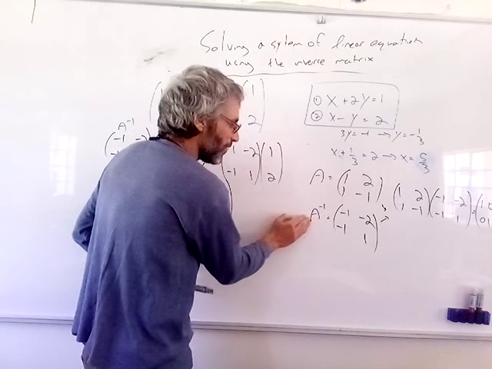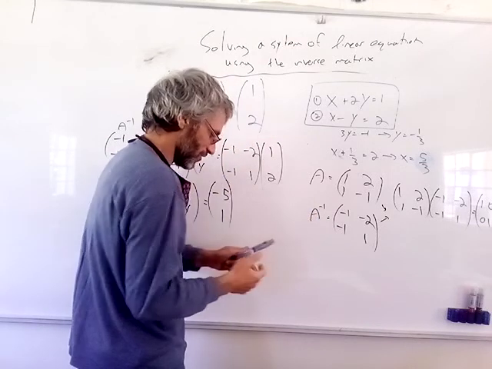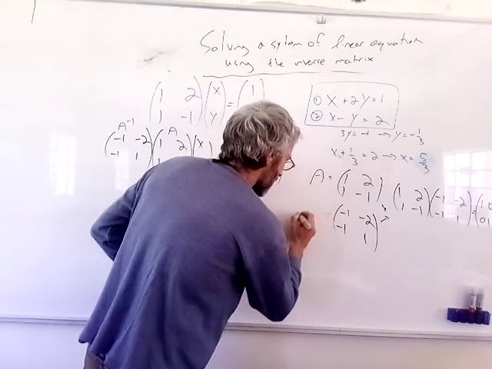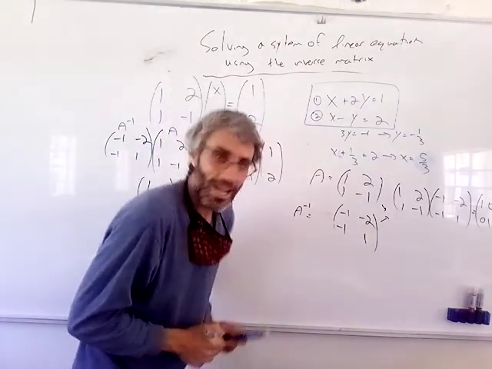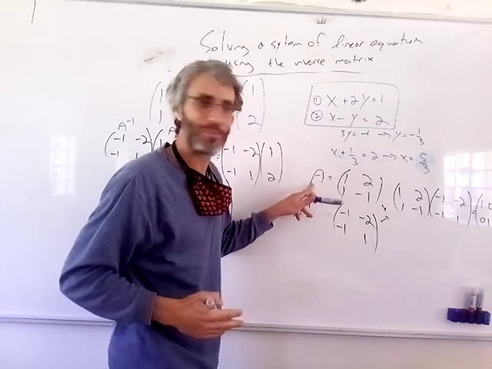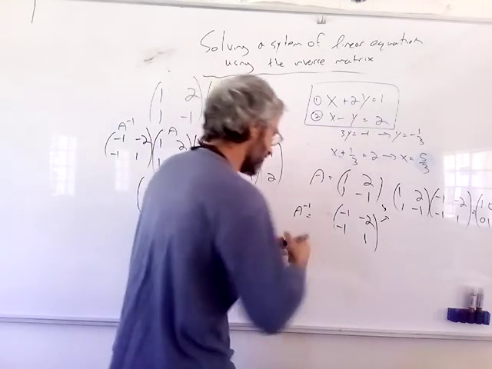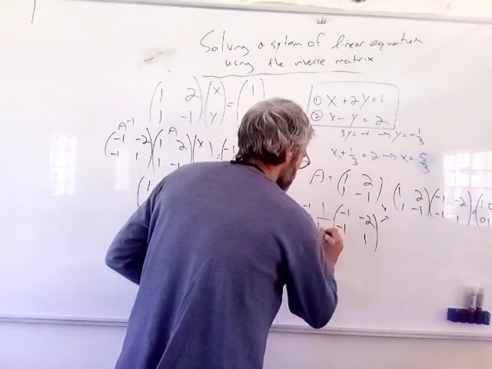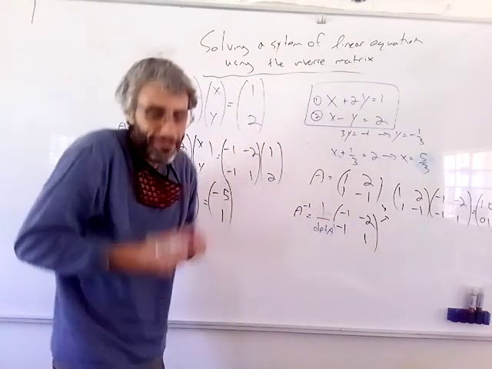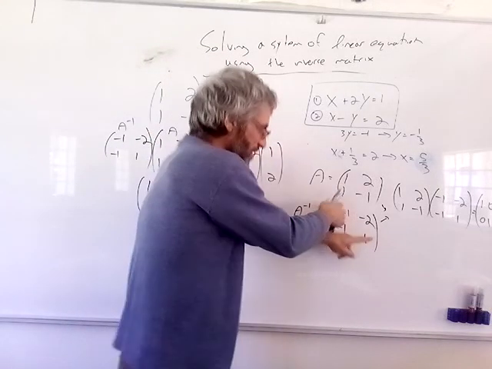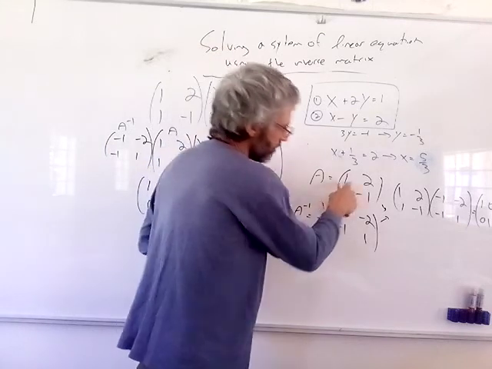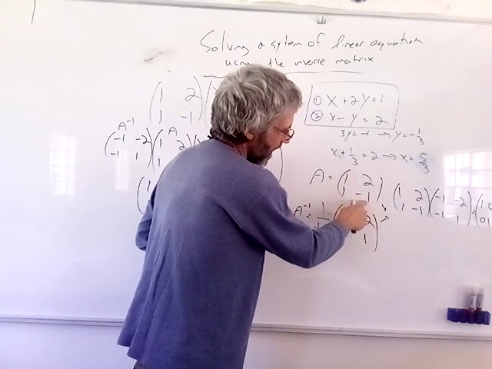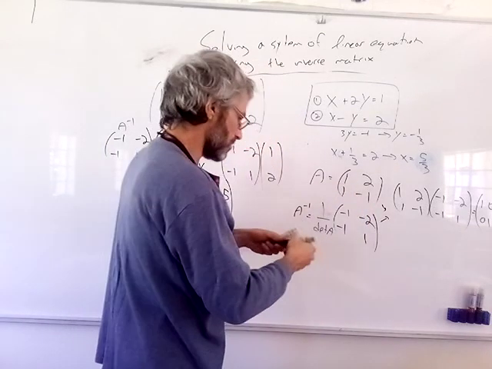So this is not really the inverse matrix. The inverse matrix is that matrix, but I should have divided by the determinant of A. I forgot to do it. So we flip these numbers, we plug in a minus, and we divide by the determinant of A. The determinant of A is minus 1, minus 2, which is minus 3.